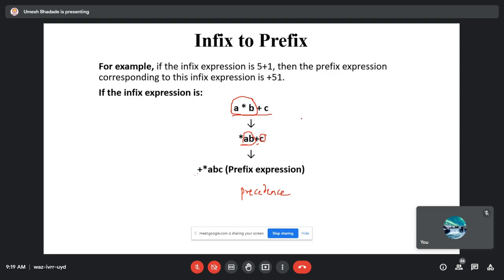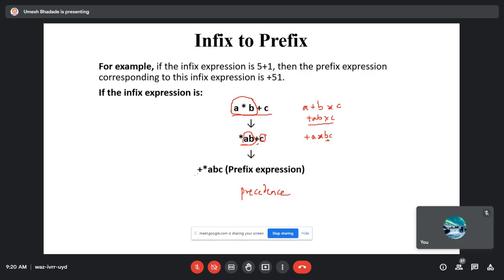If instead it were A plus B star C, what will it become? First BC is to be done, right?